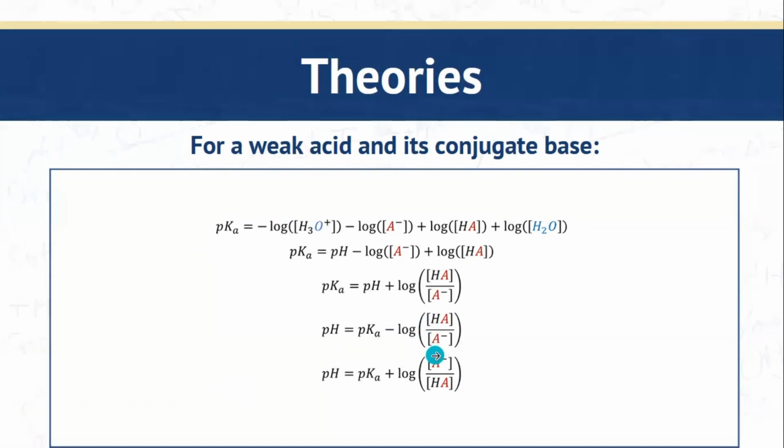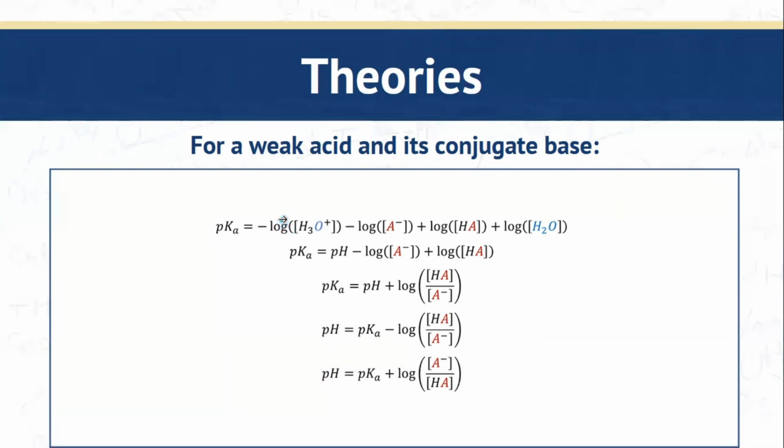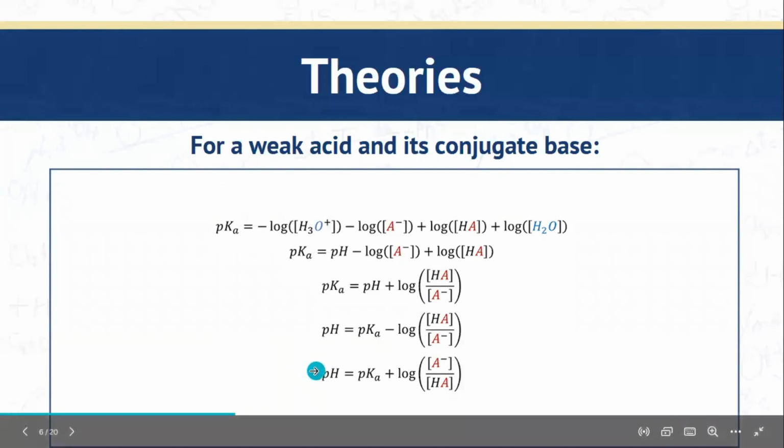So if we know the concentration of the conjugate base, we know the concentration of the acid, and we know the pKa value or the Ka value, we can get the pH. And if we know the pH, we can also get the concentration of hydronium or the proton hydrogen in the solution.